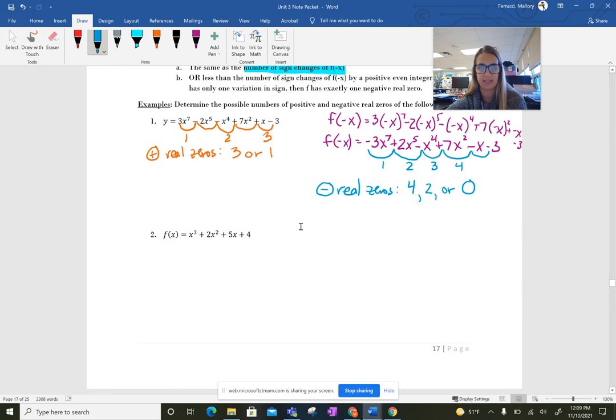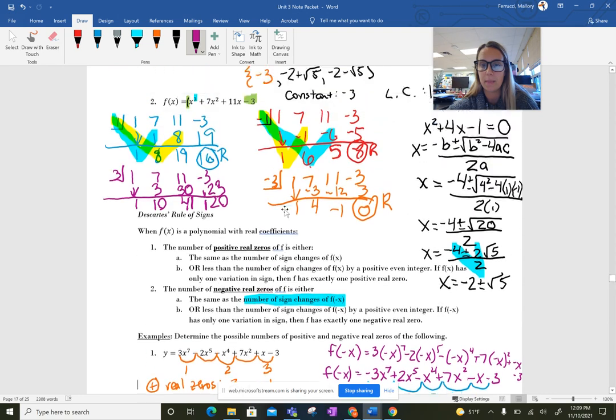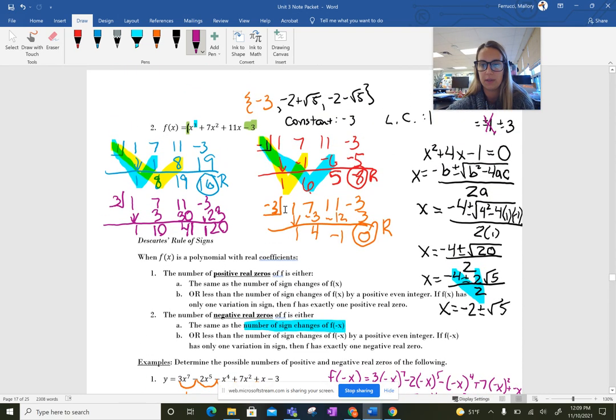Okay, let's check this out. So for this one, there aren't any sign changes. So for the positive real zeros, it's kind of interesting because since there's no sign changes, that means there are no positive real zeros, which helps when we're doing the possible rational zeros, right?